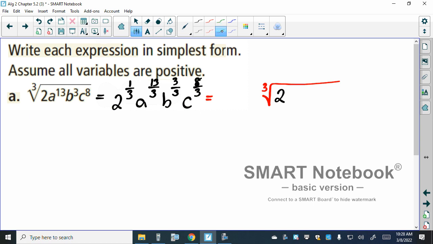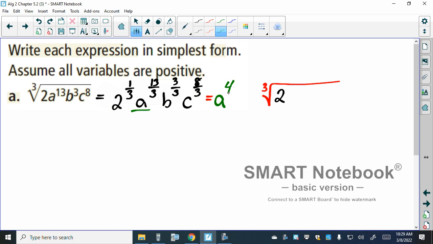Now, the next one to look at is a to the 13/3. Is the numerator of that fractional exponent bigger than its denominator? Yes, so that means we're going to be pulling a's out because we can take some of the cubed roots out. As we can say a to the 4th on the outside.